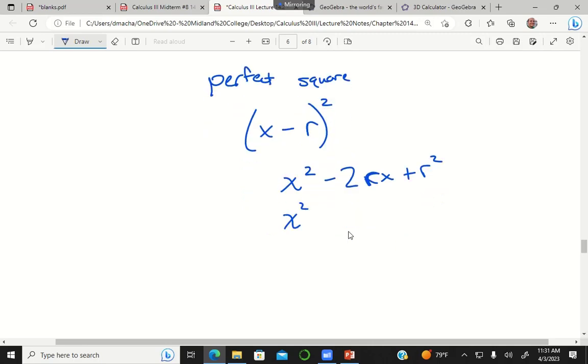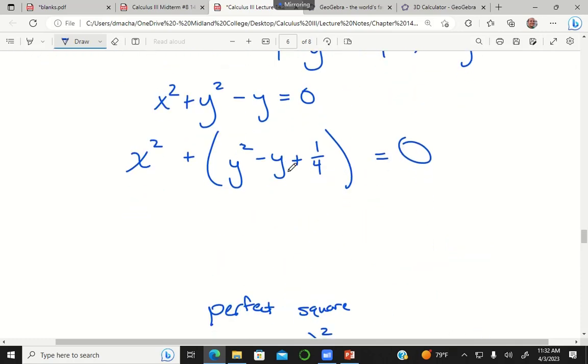And if you've got something like x squared plus bx plus c, that would mean the relationship between b and c is that (b over 2) squared should give you your constant. So you look at the coefficient of your x term, divide it by 2 and square it, and that's the constant that we want to add to make it a perfect square.